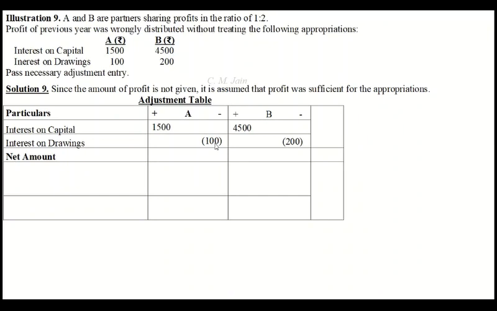So net, how much more needs to be given to A in the form of appropriations? 1,400. Similarly, in case of B, 4,500 is to be given and 200 is to be taken back. So net 4,300 is to be given.